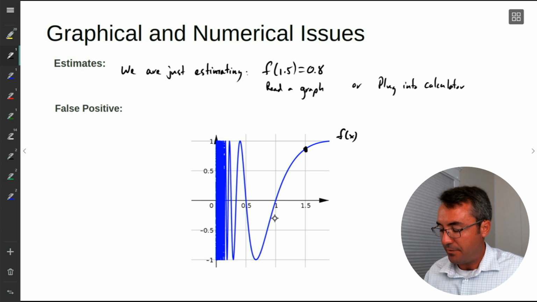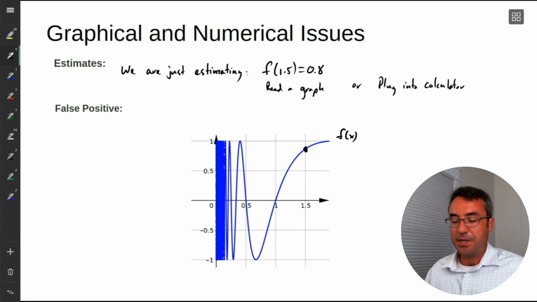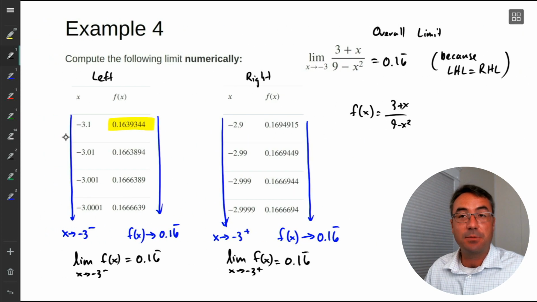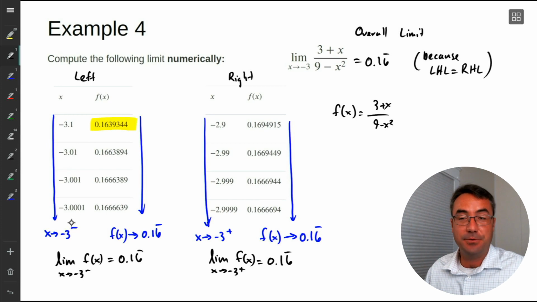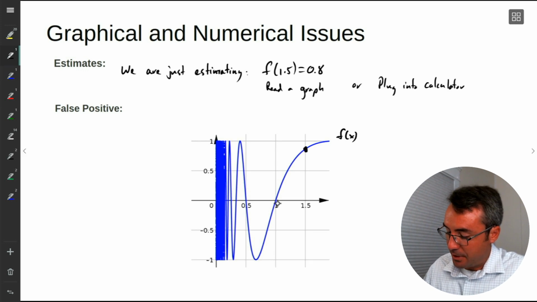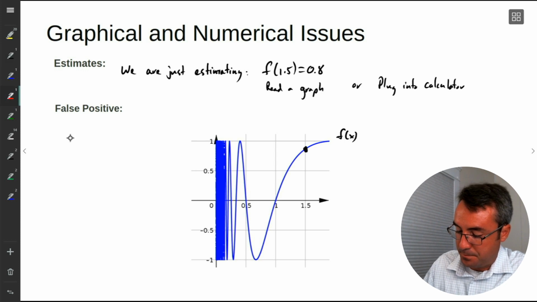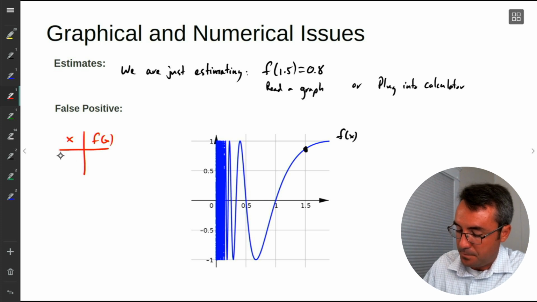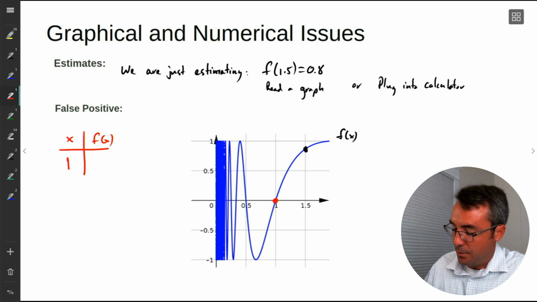All right. So that's one issue, that we're not necessarily getting the exact value. Another thing might be a false positive. If we're producing a table of values, we might just pick some really unlucky x values. So for instance, if we look at this graph, I might pick 1. And what is the point on the graph?